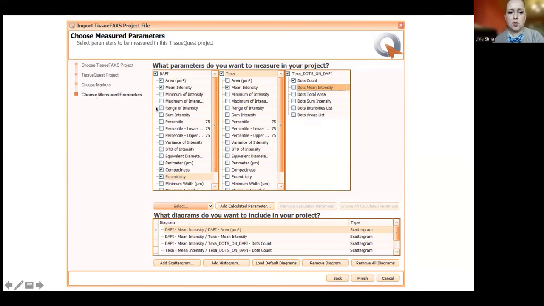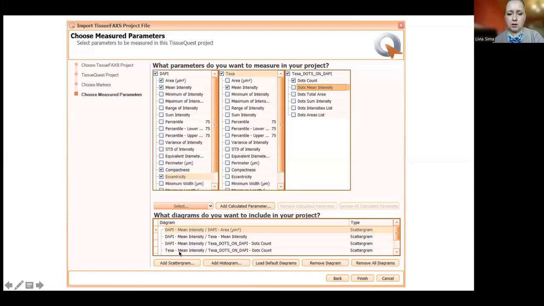For the analysis of gamma H2AX foci, we have chosen compactness and eccentricity along with the area and mean intensity for the nucleus. For TEXA's red, we have chosen mean intensity. And for TEXA dots on DAPI, we need to use the dots count parameter in order to obtain the values for each nucleus.